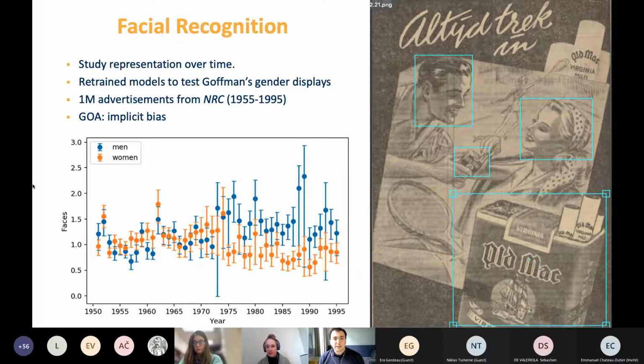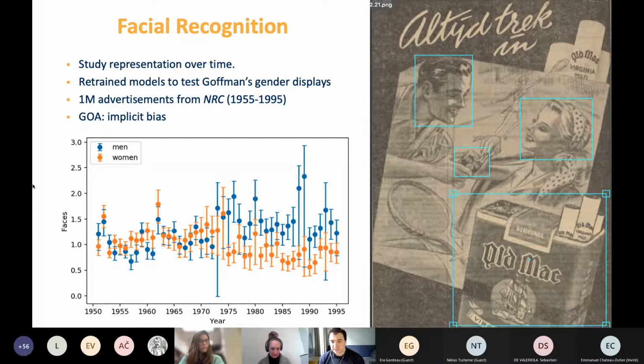And in the end, which was already interesting, we could, for example, say, as you can see here on the figure, that in the NRC in the 1950s and 1960s, you often had more women in general than men in an advertisement.